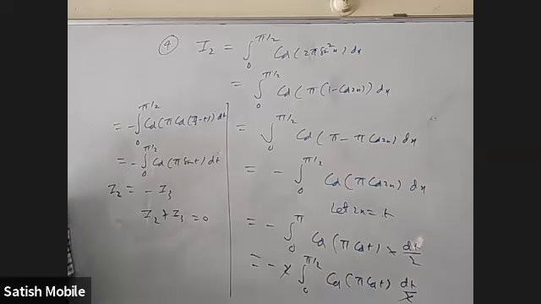So we proved I1 is 0, I2 plus I3 together is 0. And I don't think I2 equal to I3. If you want I2 equal to I3, I2 itself should be 0. But can it be?